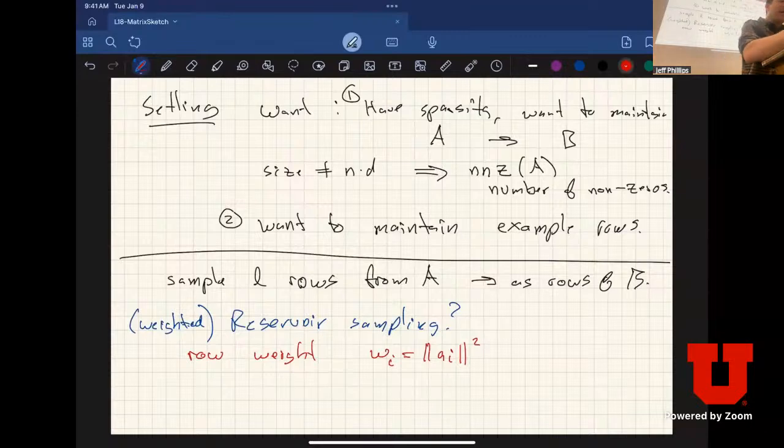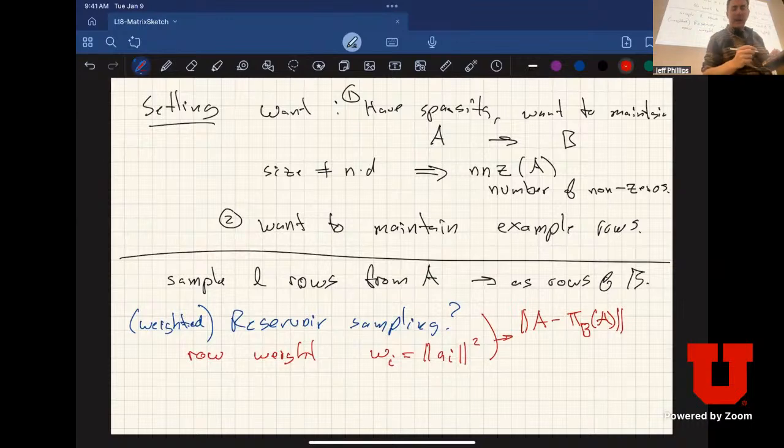This way of doing sampling will guarantee that the Frobenius norm of A minus the projection onto B of A is less than or equal to the Frobenius norm of A minus A_K plus epsilon times the Frobenius norm of A. Note this is not the low rank version of B. This is the full large version of B, which is going to be much larger than the K that I actually want.